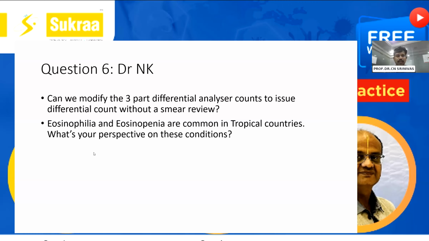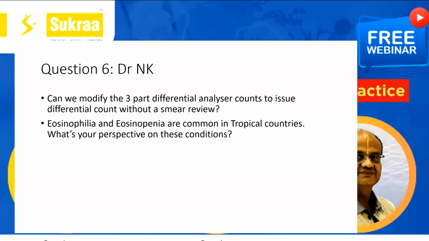Anything you would like to add, sir? That was a great one. I think what you stressed was right. Whenever we have a three-part differential analyzer, it's better we see the scatter plot. And if there's a request for a differential count, do a peripheral smear, stain it, do a differential count, and then release the reports.